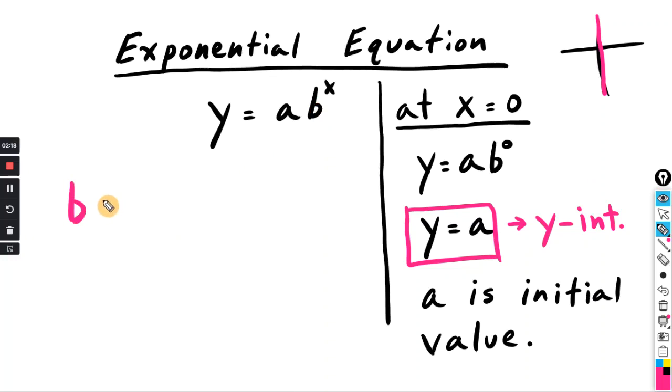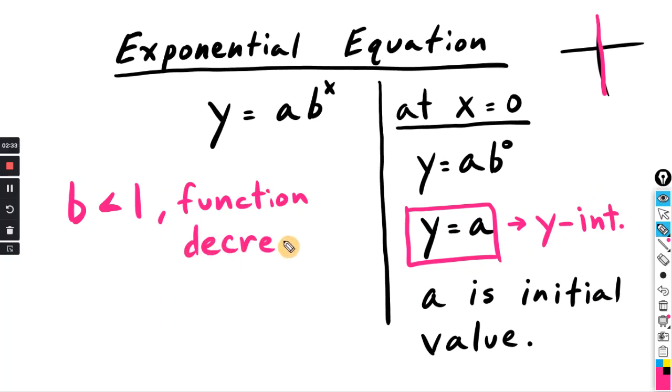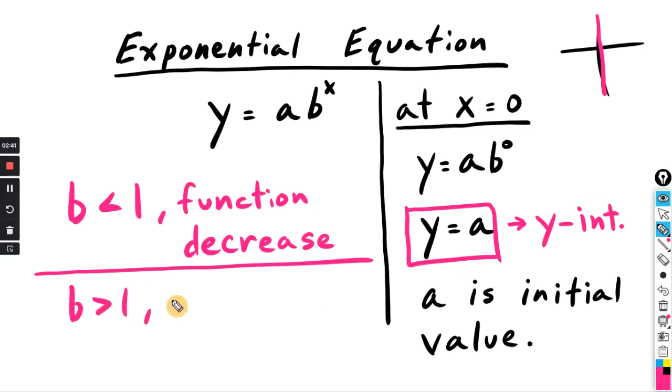So basically, if b is less than 1, the function is decreasing. And if b is greater than 1, the function is increasing.